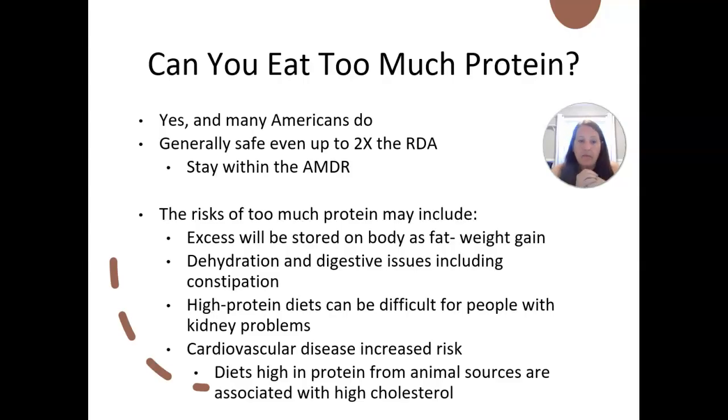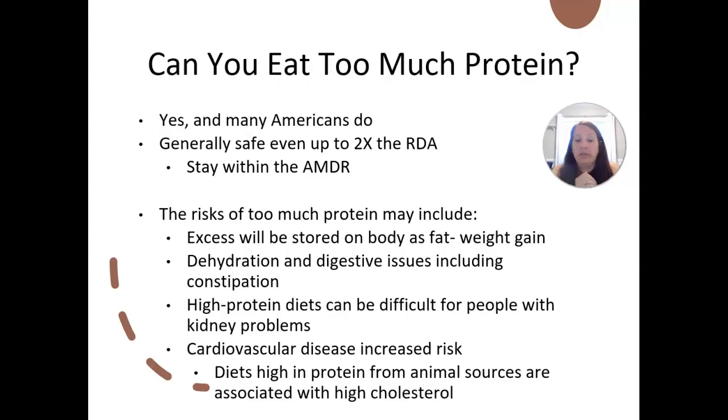What if you do consume too much protein? Well, any excess protein doesn't get excreted from the body. It will get converted into carbohydrates and into fat, and it will be stored. The nitrogen from the protein will actually be excreted, but the carbon skeleton, the rest of the molecule besides that nitrogen, will turn into stored energy.